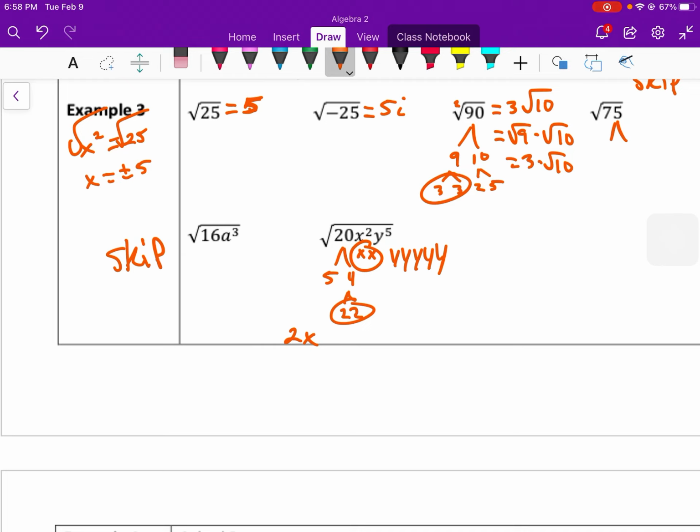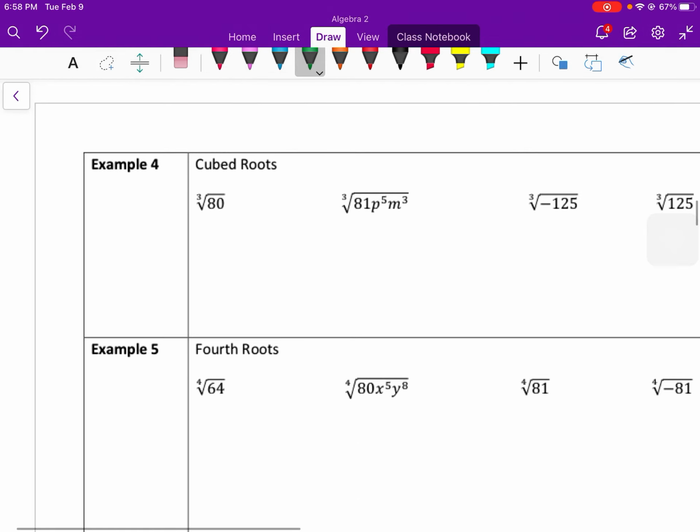And we're looking for 2 factors because it's square root. So we have 2 and then another 2. So then it would be y times y out front, so that would be y squared, times what's left on the inside. So we have a 5 and a y left. So under the radical, we have 5y. So this would be the final product.